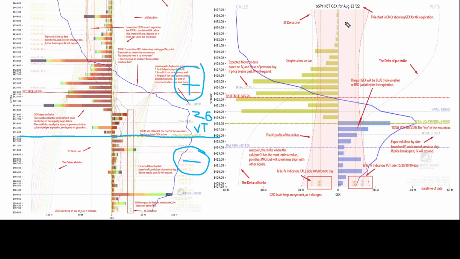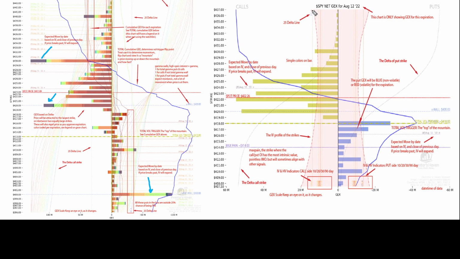Here on the left, and on the right is for the 0DTE data. These GEX levels are more sensitive than the 98 DTE. Why? Because 98 DTE means that all these levels expire in 98 days, but the bars or the GEX of that option position expire on the same day.